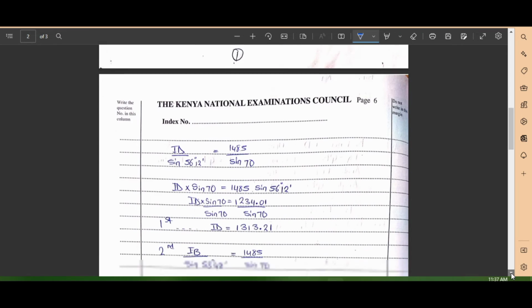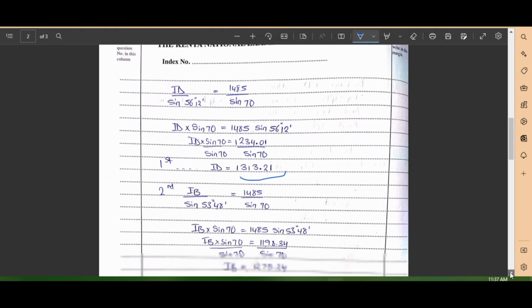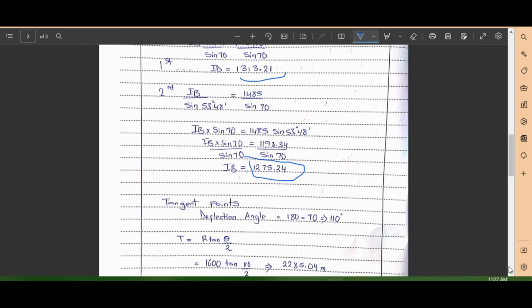By comparing all those, you'll have found the two distances. So ID will be 1313, and then IB will be the value here.